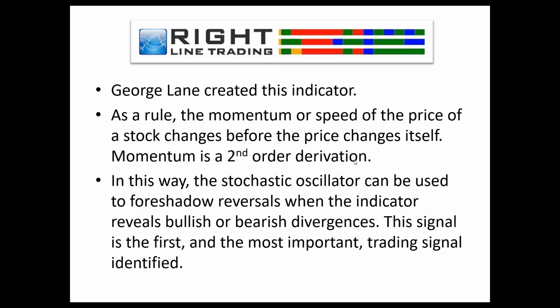So he applied this to price movement on a chart. And what he felt was that momentum always led price, because it was a second order derivation. And as I show you a couple more slides, you're going to see that it really does lead price. So what he looked for was only one thing when he created his oscillator. He did not look for it to follow a trend.